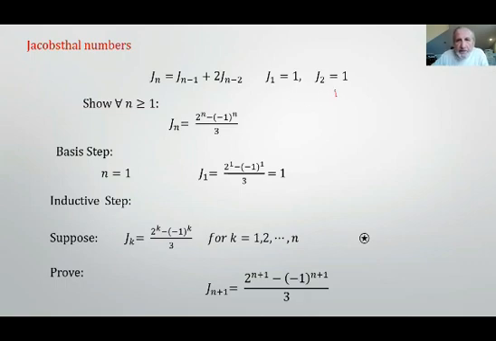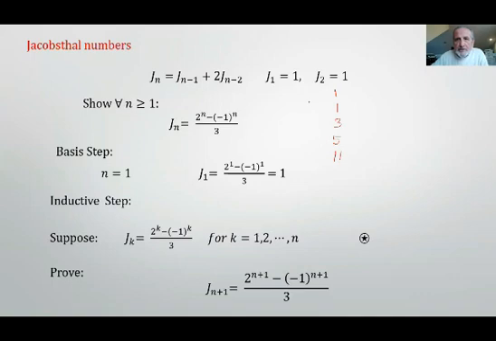Start with 1, 1, and then every term is the previous plus twice the one before it. So here I get the previous plus 2, which gives 3. Then 3 plus 2 is 5. Then 5 plus 6 is 11, and so on and so forth.